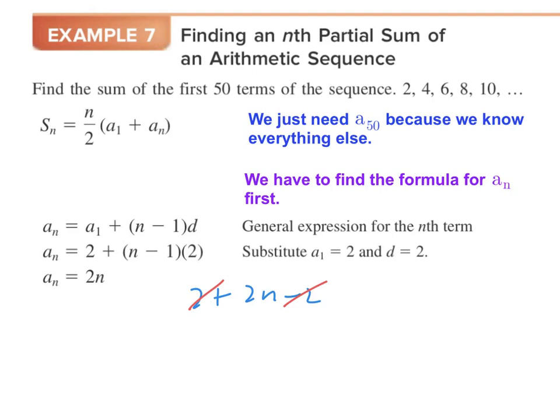So then all I need to do is plug 50 into that, and I'll have the a sub 50, which of course is 100. So I plug 50 in for n, 2 times n, so the 50th term is actually 100. So I have everything I need now.